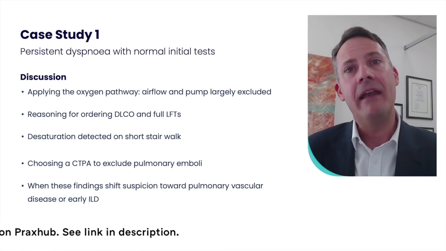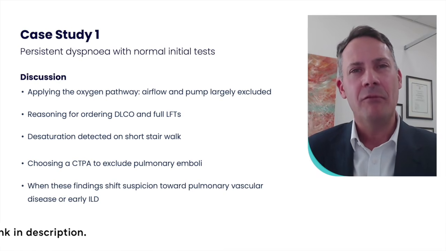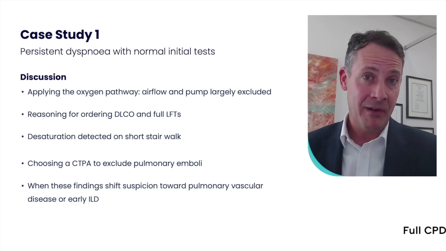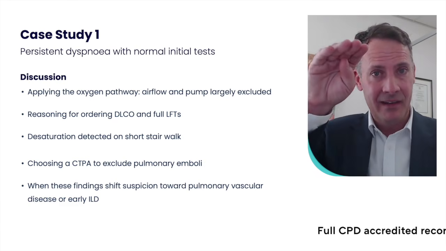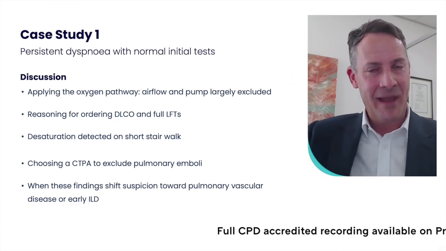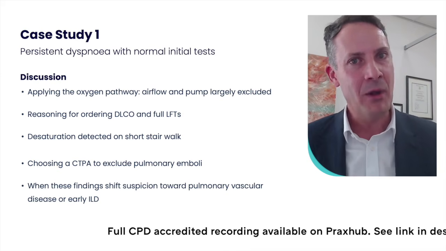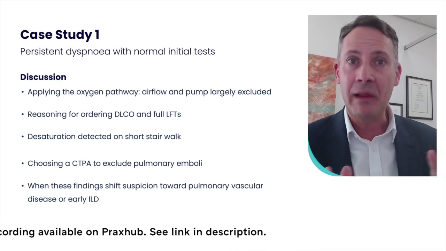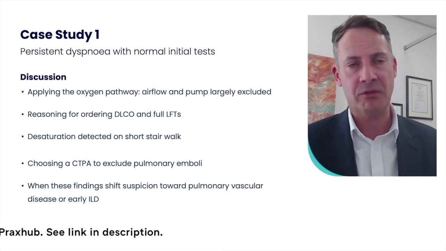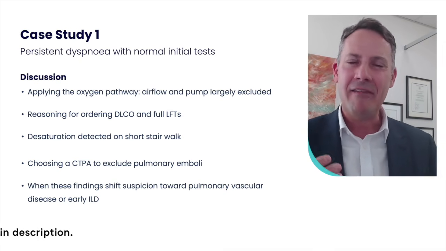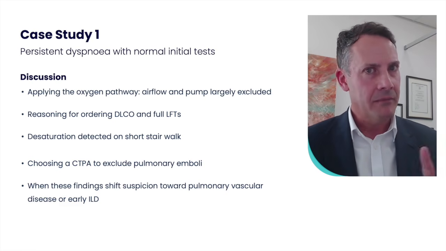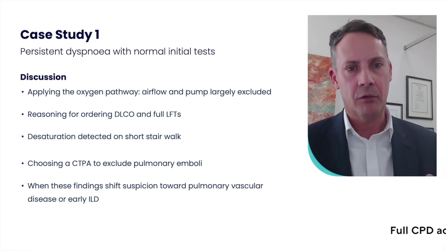I will say this as a caveat, we can never fully exclude asthma unless we do an asthma challenge test, because someone with asthma has normal lung function until it's not. And then they go back to having normal lung function again. So people who have paroxysmal breathlessness, sometimes it's hard for us to fully exclude that just with one-off spirometry. But as a general rule, this lady is having progressive exertional breathlessness. Doesn't feel like asthma, at least at our initial thoughts.